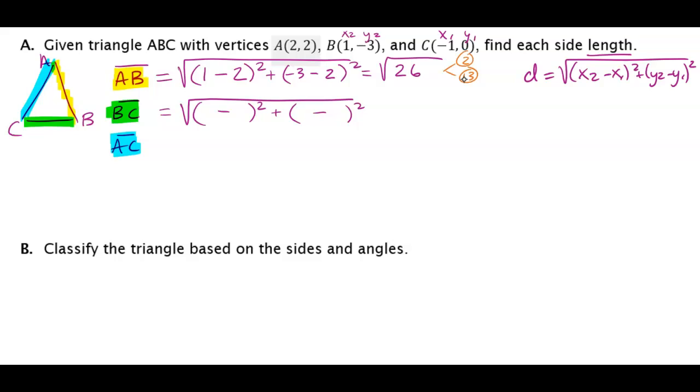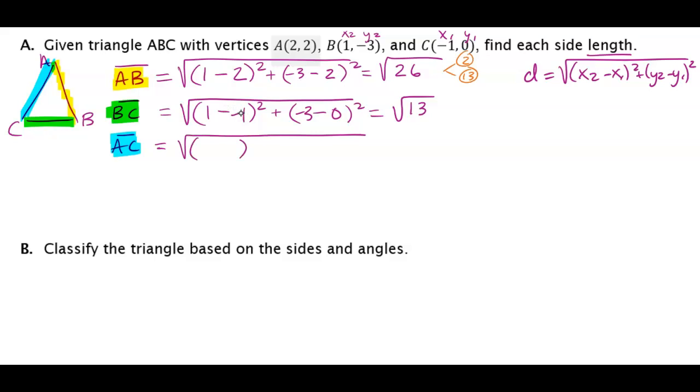All right, so now I have to do x2 minus x1, so that's 1 and negative 1. And then y2 minus y1 is negative 3 minus 0. And again, I would just plug in only the stuff that's under the radical, so don't actually put the square root into your calculator. And it's going to give you 13. And 13 is a prime number, so I can't break down that radical.